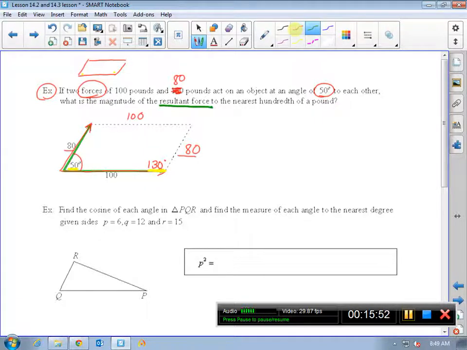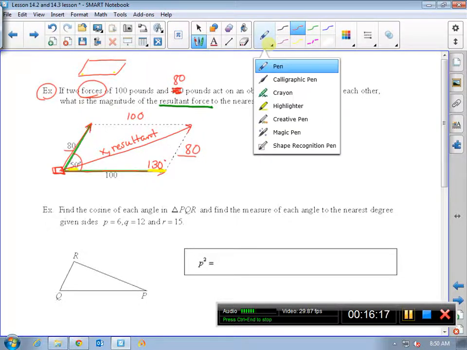When forces are applied in physics, you would learn this, when forces are applied on an object in directions like this, the object will move diagonally. This is what's known as the resultant. So we'll call it X. It's what we're looking for.